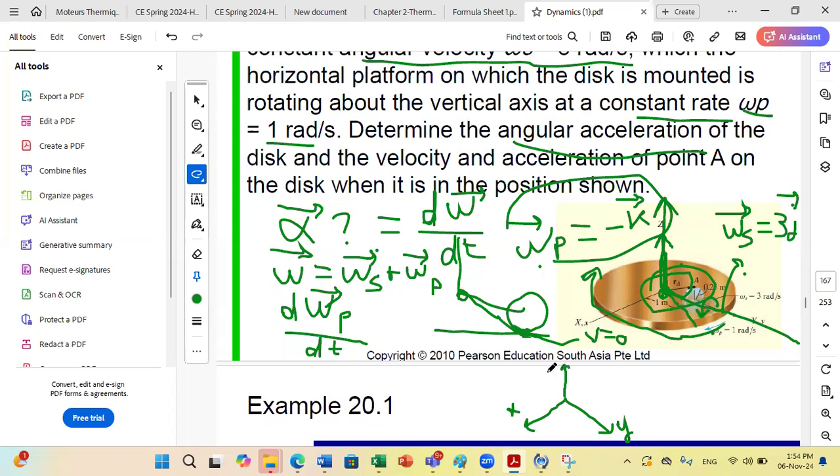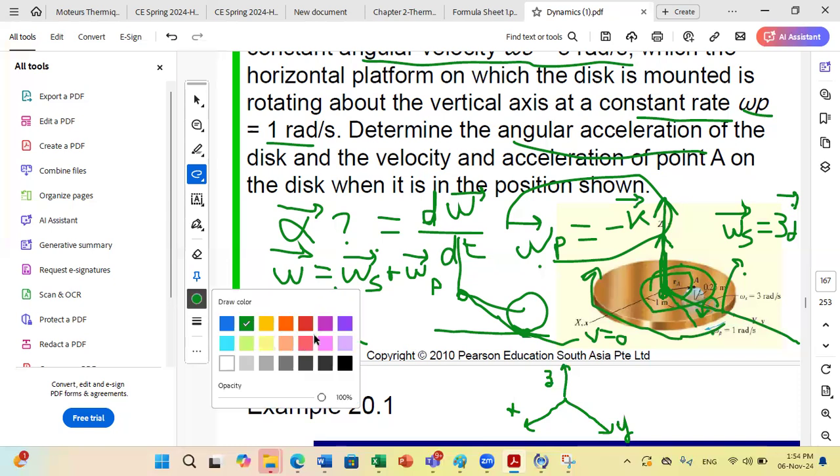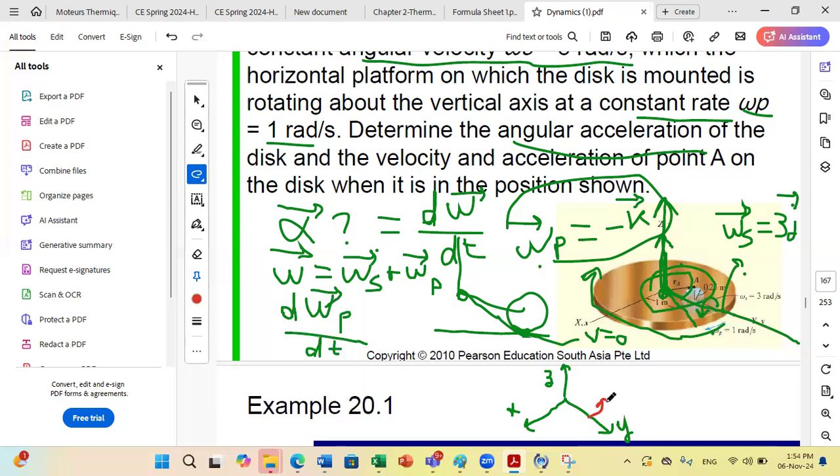Now, if the axis rotates, the y-axis will follow it, so y will always be along the axis of rotation. So if my plate rotates by a certain angle delta theta, the y-axis will become in this position. The x-axis will always be perpendicular to y in the horizontal plane, so it will change in position. But the z-axis, which is perpendicular to the xy plane, will remain in the same position.